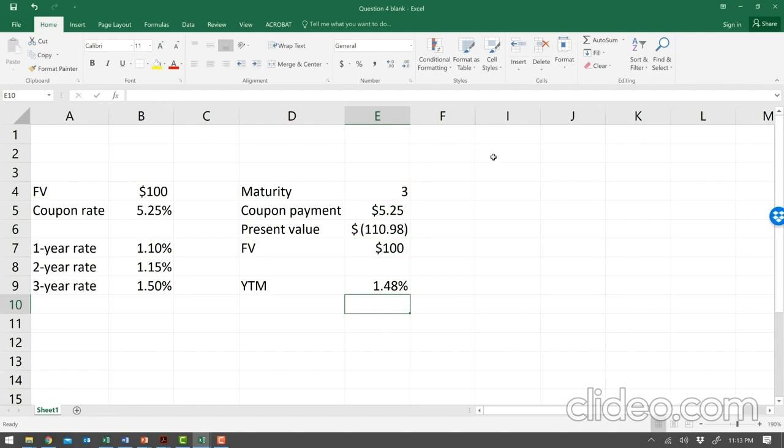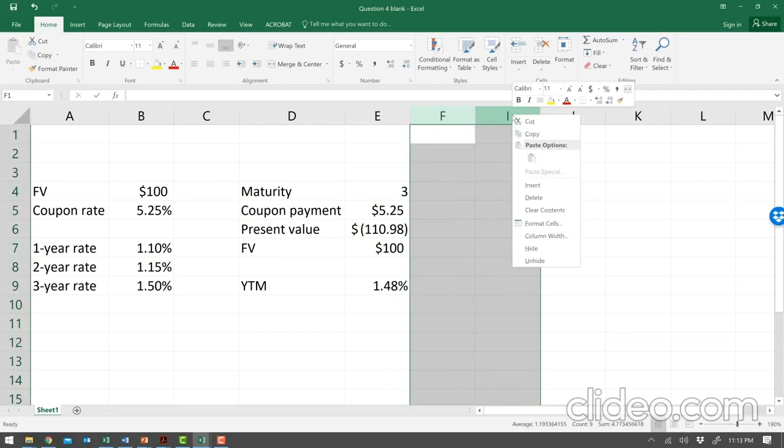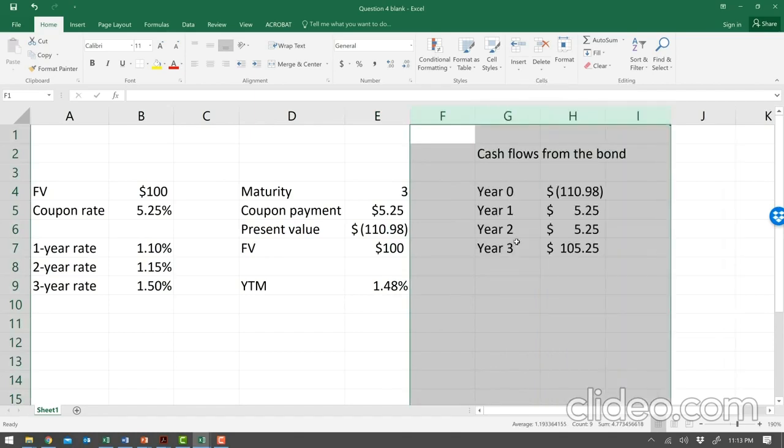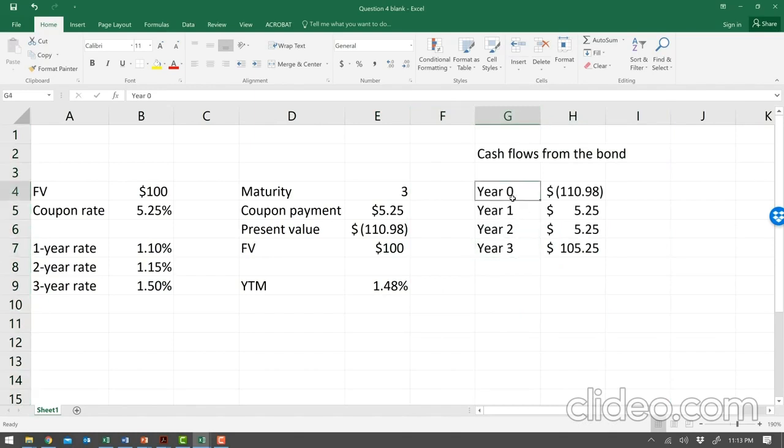Now, the second way of solving this equation is to use the internal rate of return function. Here, I'm showing the cash flows that we get from this bond. Again, in year 0, we have negative 110.98. This is the price of the bond. If we are a buyer of this bond, this is our negative cash outflow in year 0.